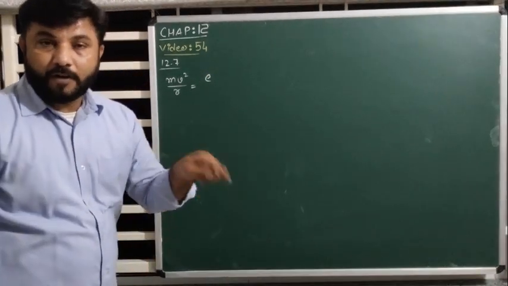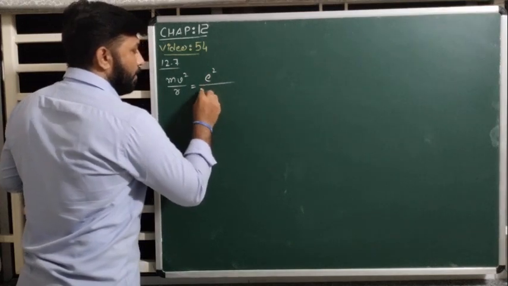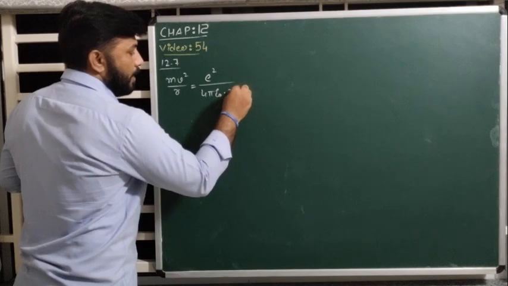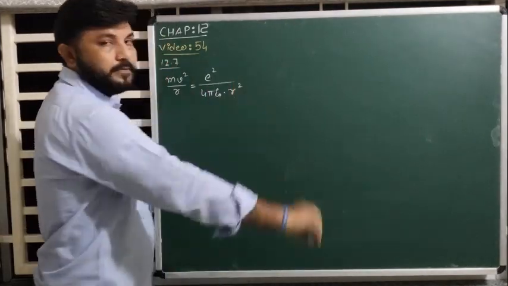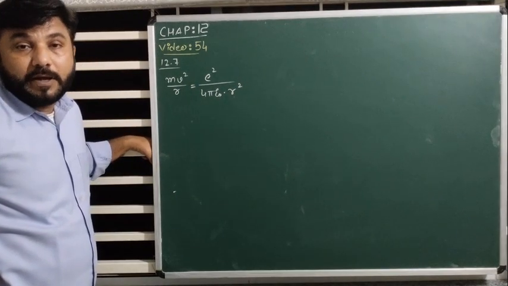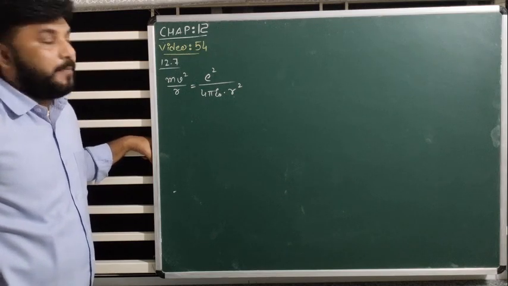Charge of electron, again e, so it is e square upon 4 pi epsilon 0 multiplied by r square. This equation we have seen in the simple method to find the equation of radius of hydrogen atom.